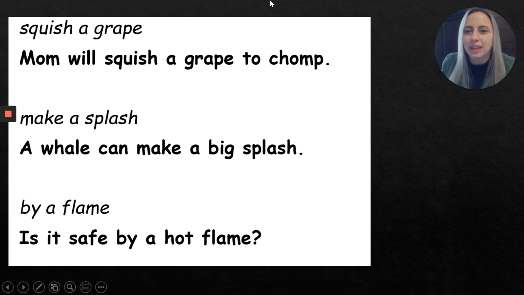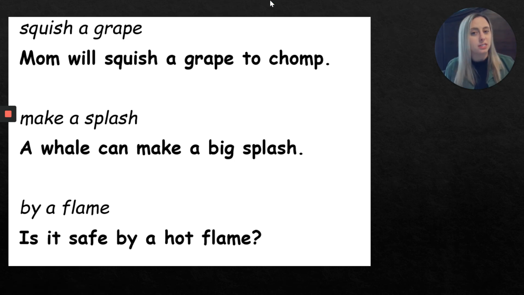Hope so. Here are some short phrases and sentences that you can practice reading to see what a magic E would look like in a sentence. I'll do the first one completely with you. Squish a grape. Mom will squish a grape to chomp. Now I know that I can read magic E words in a sentence. That makes me feel really confident. Why don't you pause the video and try out the next two?